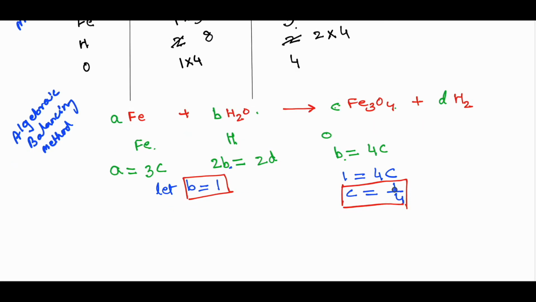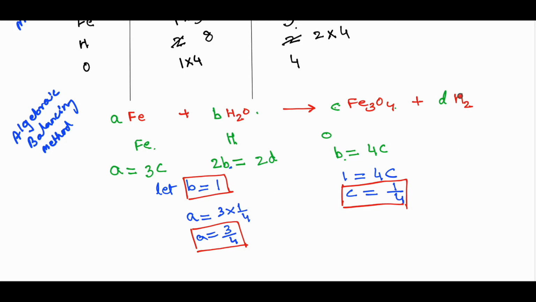Now put the value of C in this equation so that you can get the value of A. A is equal to 3 times C. C is 1 by 4, so it will become 3 by 4. So you have got the value of A as 3 by 4.